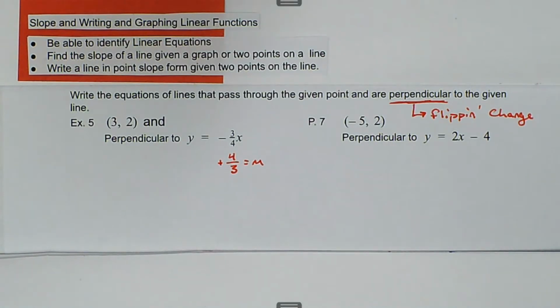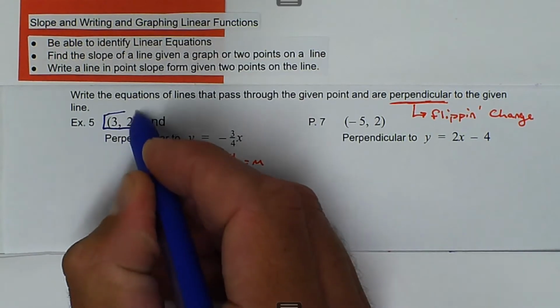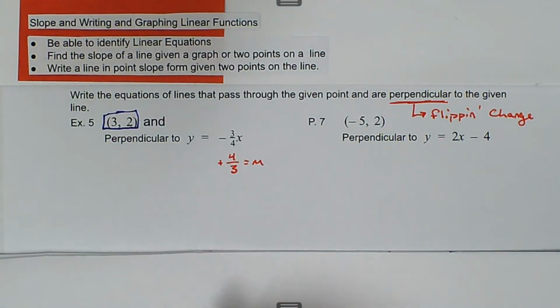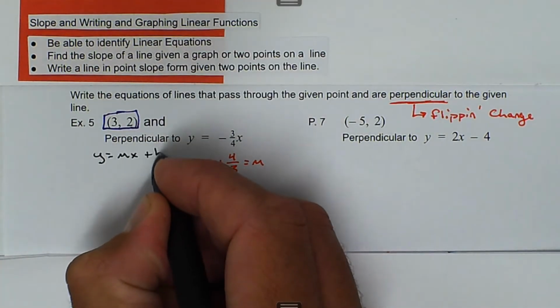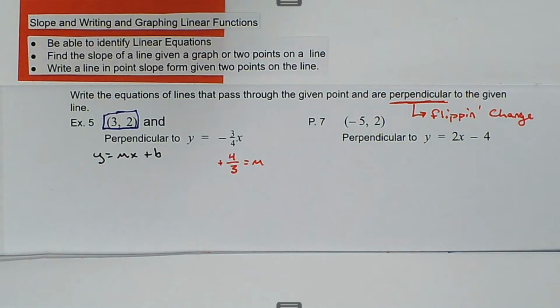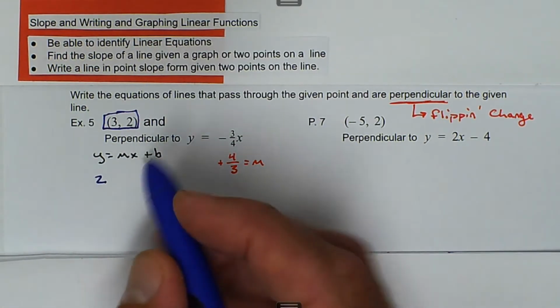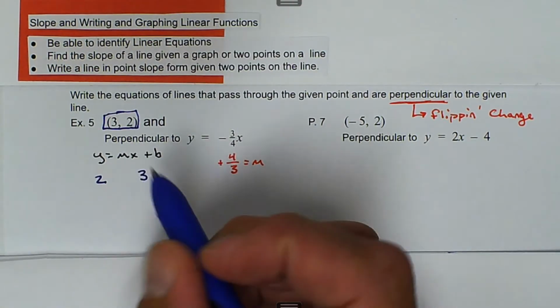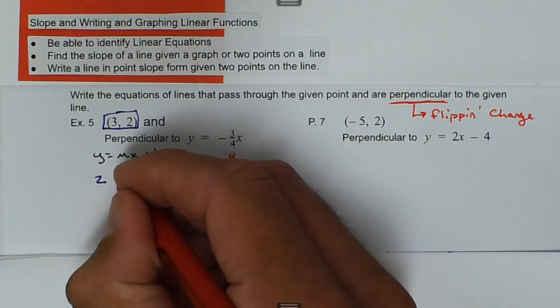So we get to take our given points here, and we get to substitute them into our equation, y equals mx plus b. So y is 2, x is 3, and our slope is positive 4/3.